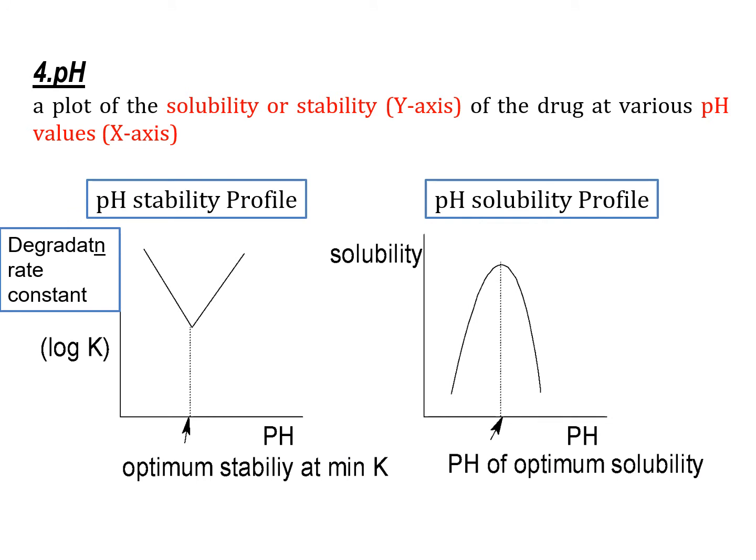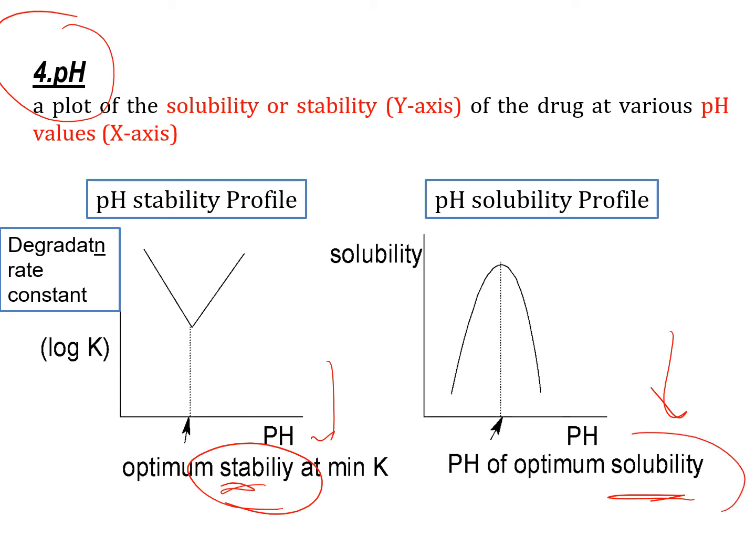Another factor which is very important is the pH. pH affect solubility of the drug and affect stability of the drug. So you have to compromise, you have to optimize both of them simultaneously. You have to consider solubility and stability because it is very important. Of course, stability is more important because if the drug is unstable, it will degrade, it will not cause any pharmacological action.